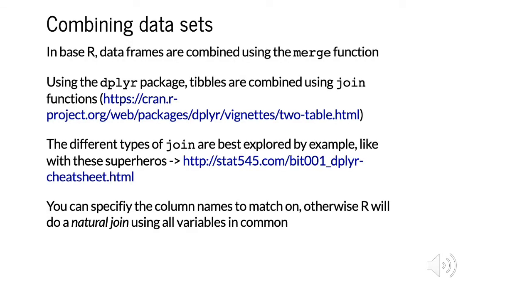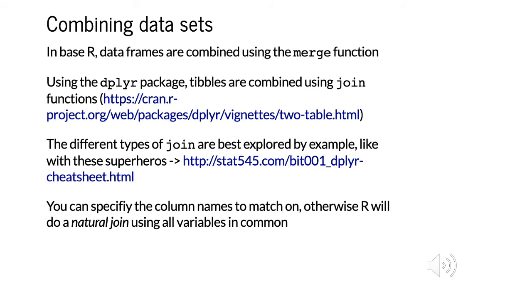At the beginning of this presentation, I stated that we're going to work with 3 different sources of data. And so one of the things we will have to do is combine those together. In base R, the function that is typically used is the merge function. In the dplyr and tidyverse version of R, we use join functions.